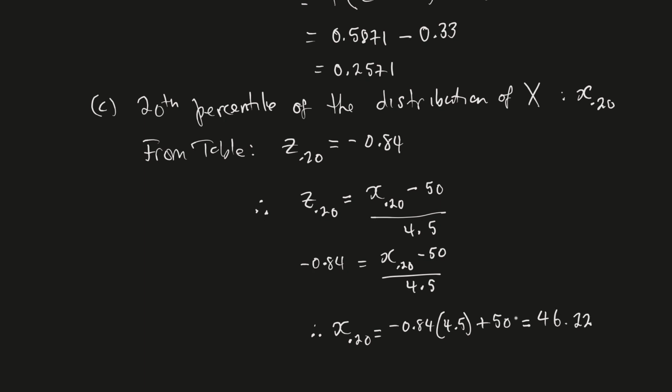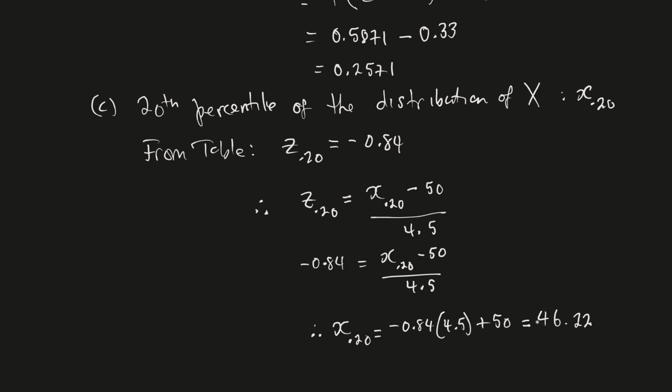46.22, right? So again, what this means is in this particular distribution for x, remember we're saying that x is normal with mean 50 and standard deviation 4.5. It means roughly 20% of the entire distribution is less than or equal to 46.22, and the remaining 80% is greater than 46.22, right?